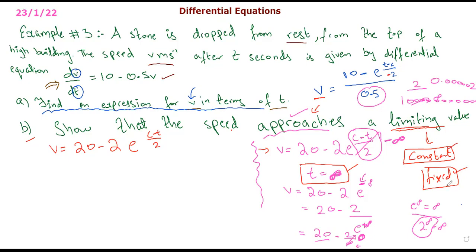I need an expression which becomes fixed even if t is changing. So v equals 20 minus 2 e to the, with t equals infinity, this would be minus infinity. This is 20 minus 2 e to the infinity. Now this whole thing would become 0 because of this logic: whenever we have a big expression in the denominator, the fraction becomes 0, and we have 20.